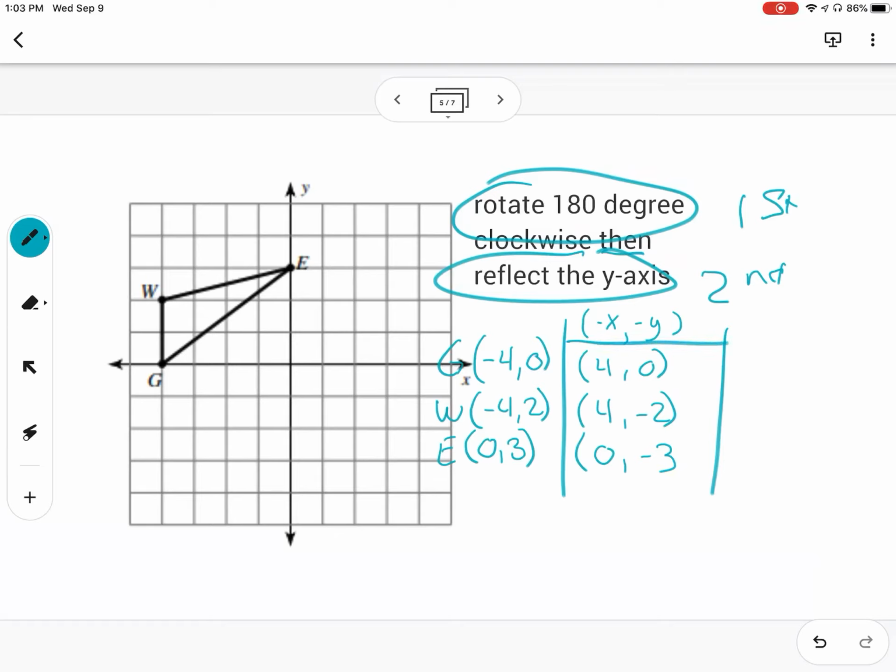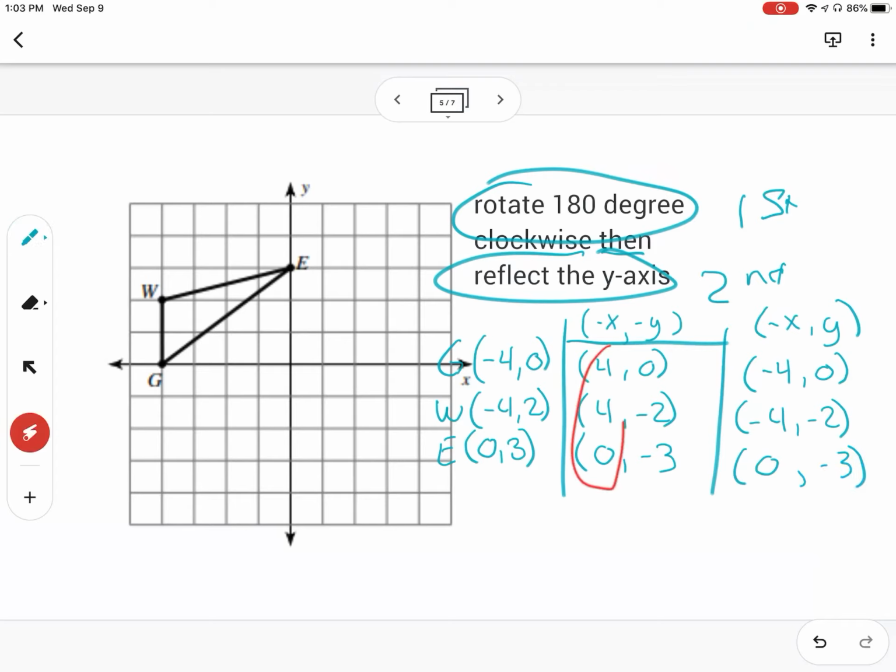All right. To reflect the y-axis, I do negative x and y. So we're doing that to our new points here. So negative x would be negative 4, negative x, negative 4. And I can't make 0 negative, so that stays that. Right?